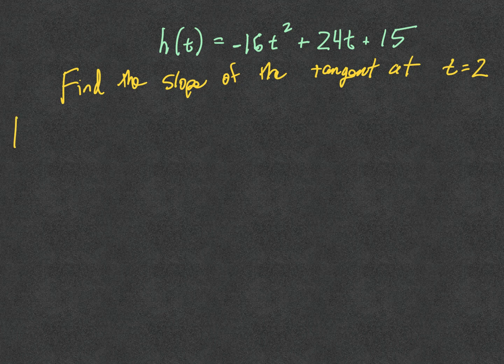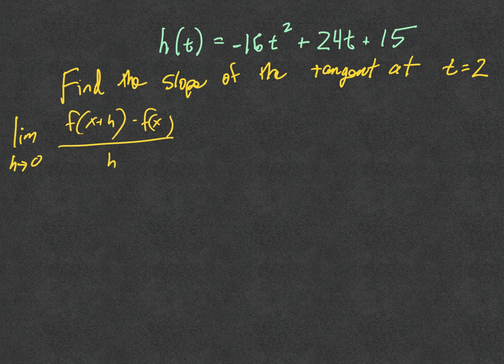But what we need to do is find the limit as h approaches 0 of f of x plus h minus f of x all over h. So the first thing I'm going to do is find f of x plus h.